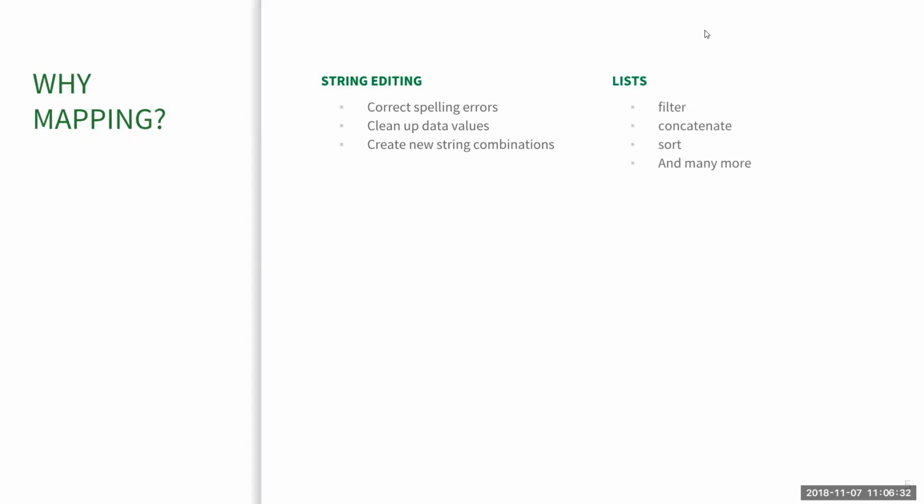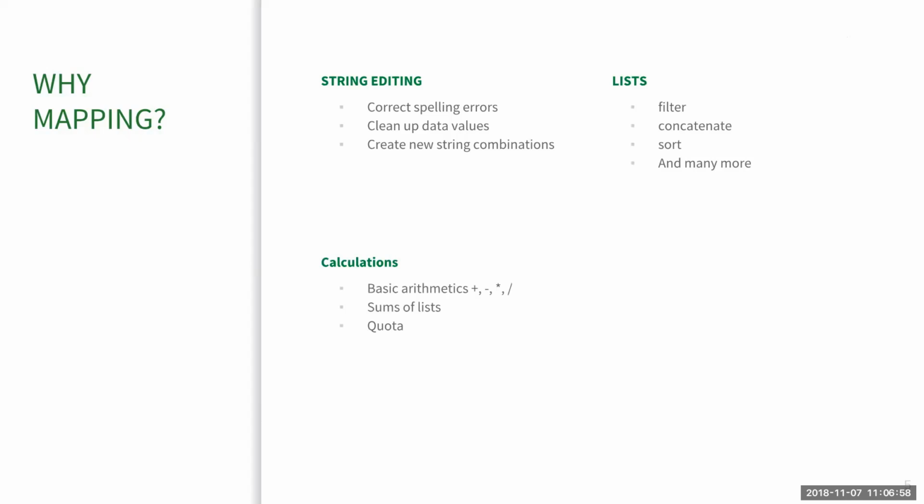You can also alter lists in the mapping expression. You can filter them, concatenate them, meaning make two strings into one, and sort lists, and do many other things with lists. Another way to use mapping expressions is calculations.